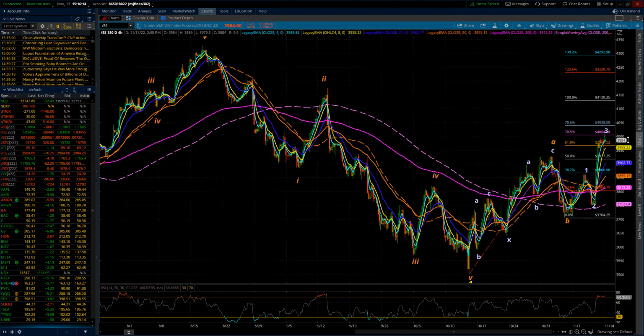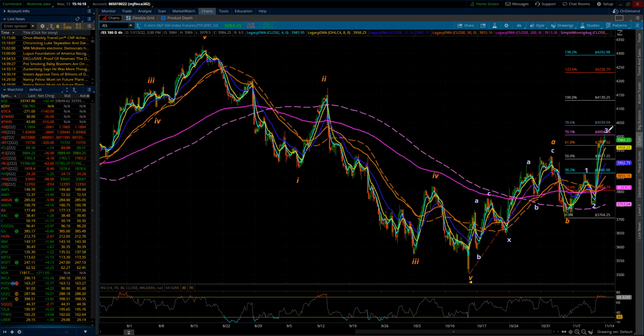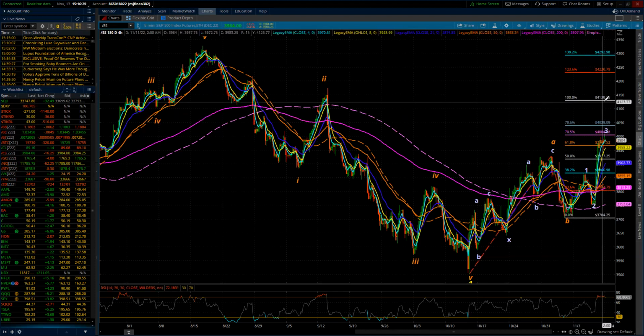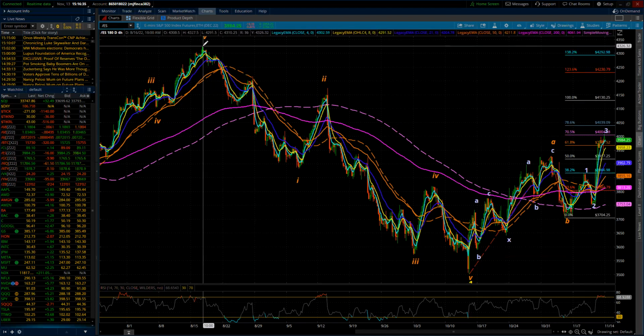Now, what if it is indeed the intermediate wave 2? I truly do expect it to get above at least 4,039, if not up closer to 4,130. It can go above it, folks, because what it can't do is go above 43.26.